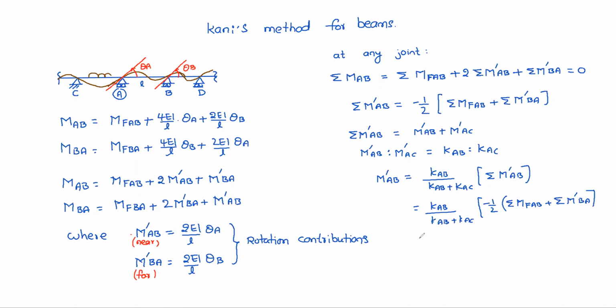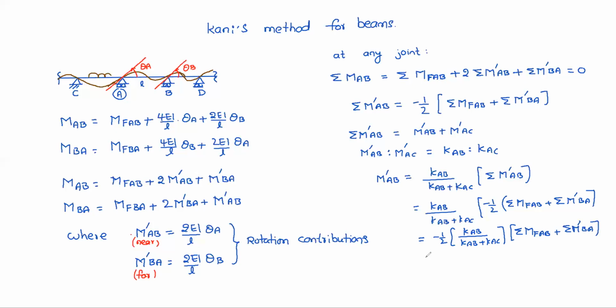Okay. Now you can write like this: minus half into KAB by KAB plus KAC into sigma of MFAB plus sigma of M dash BA.